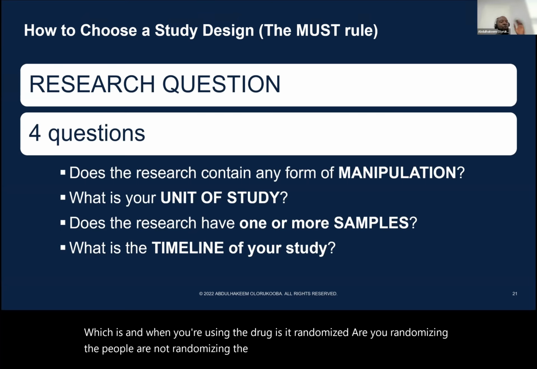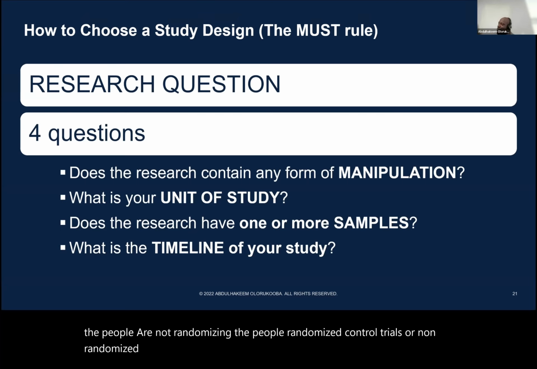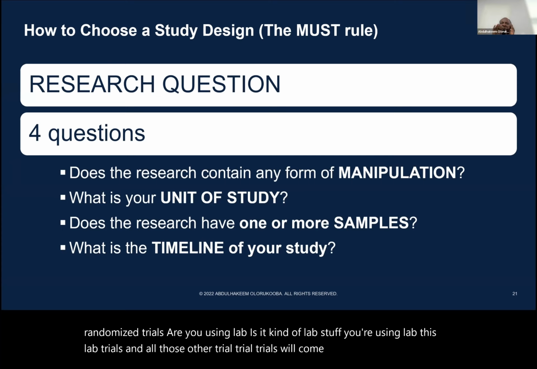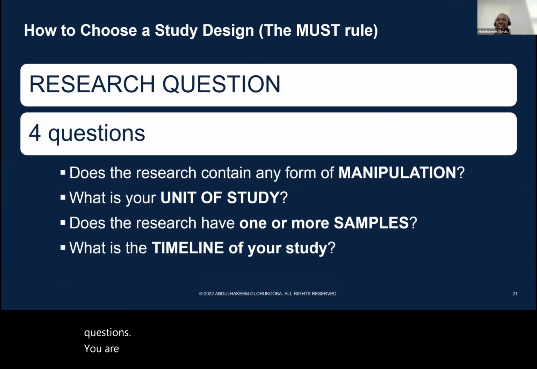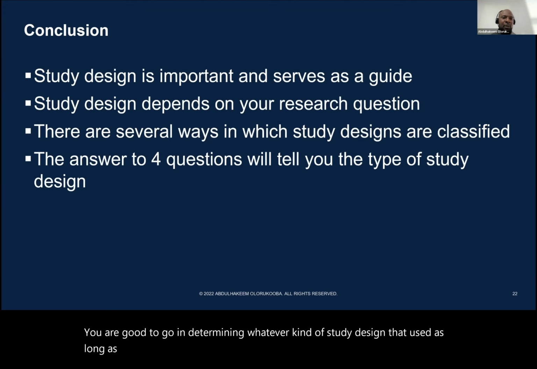Randomized control trials or non-randomized trials? Are you using lab? Is it a kind of lab stuff? You're using lab trials, and all those other trials will come up there. Very, very simple, straight to the point. With these 4 must-ask questions, you are good to go in determining whatever kind of study design that you use, as long as what you're talking about is epidemiological studies.